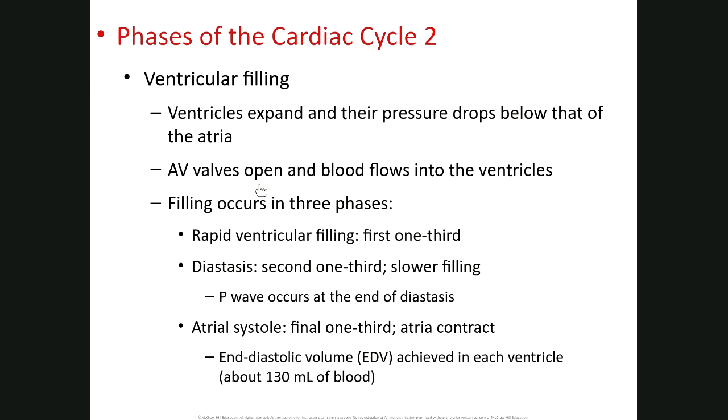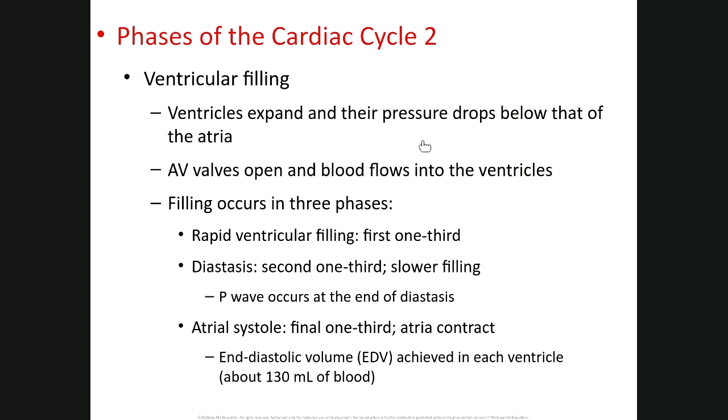This is the time of ventricular filling, the first phase. The ventricles expand and their pressure drops because the volume expands, and pressure is inversely proportional to volume. This means they are open for something of bigger pressure, and the bigger pressure is that of the atria above.